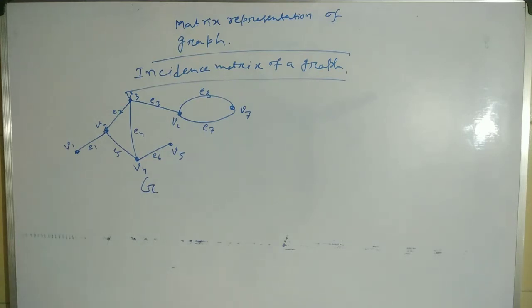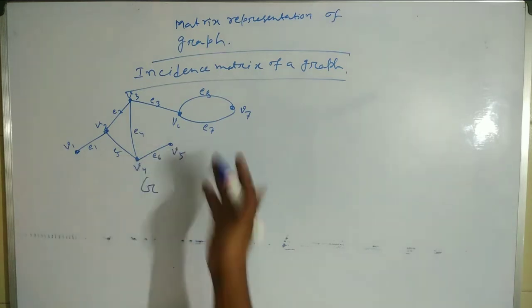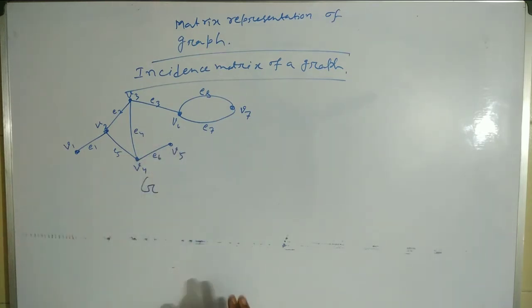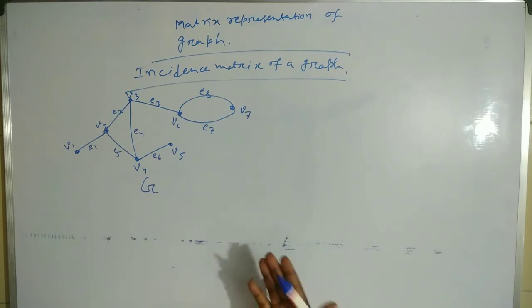The number of rows in the incidence matrix is equal to the number of vertices, and the number of columns is equal to the number of edges. Since here there are 7 vertices, there will be 7 rows in the incidence matrix, and since there are 8 edges in the graph, there will be 8 columns. So the order of the matrix will be 7 by 8.